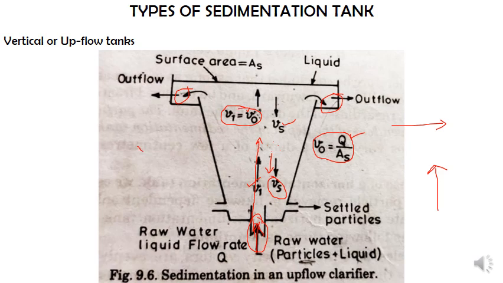That is, if V1 or V0 is less than or equal to Vs, then the settlement of the particle will take place. If V0 is more, then obviously the suspended particles cannot settle down, because the inlet velocity is more than the settling velocity, because of which these particles will tend to move upward and go into the outlet. Whereas if the initial velocity is less than Vs, then settlement is bound to take place. So this is the working principle behind vertical or upflow tanks.